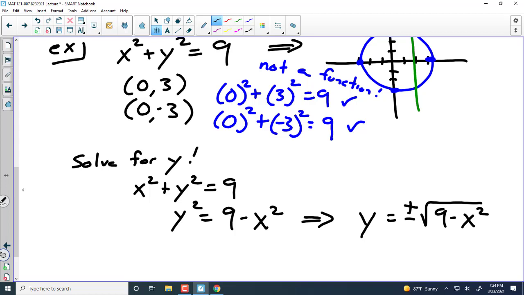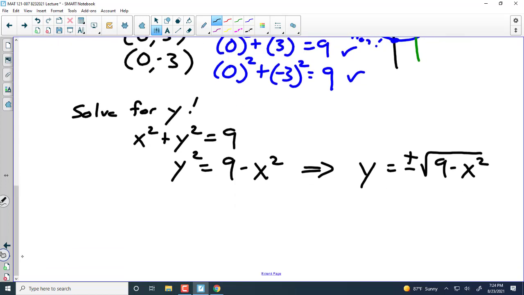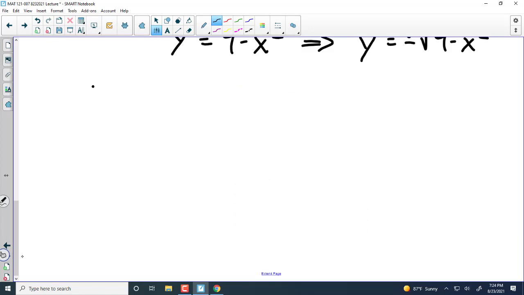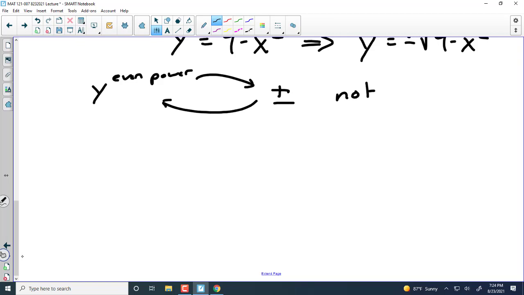Whether it's written like this or like this, it's not a function. So we really just need to remember y to an even power or a plus minus, but they're pretty much the same thing. Means not a function. Otherwise your equation probably is.